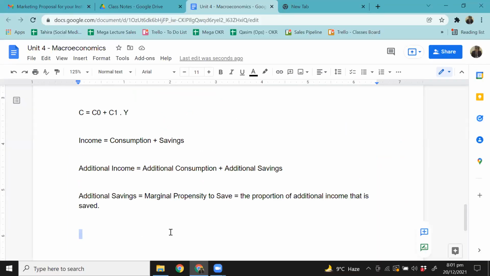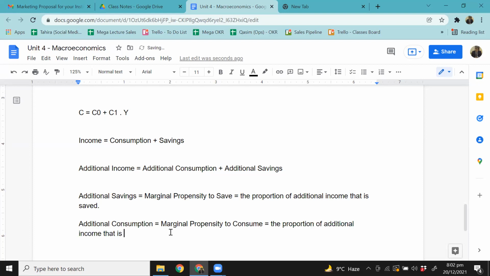So additional consumption is defined as marginal propensity to consume, which is basically the proportion of additional income that is spent, or you can say consumed.